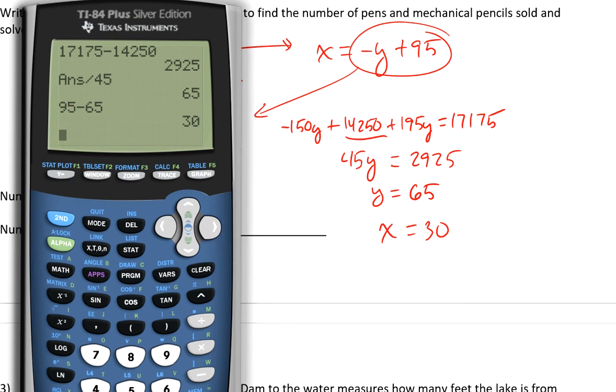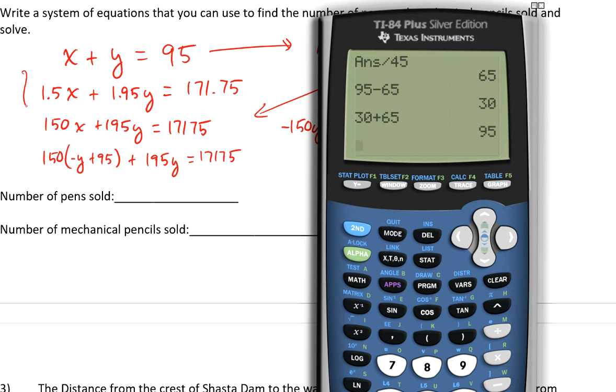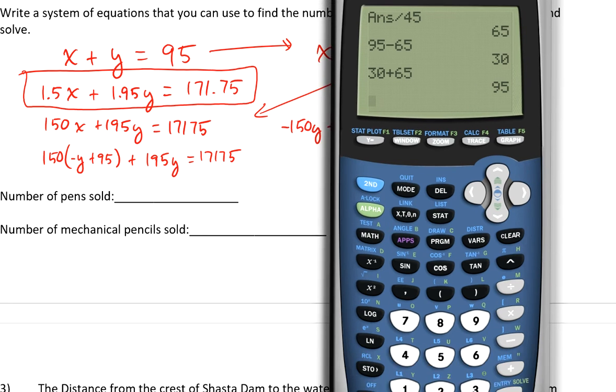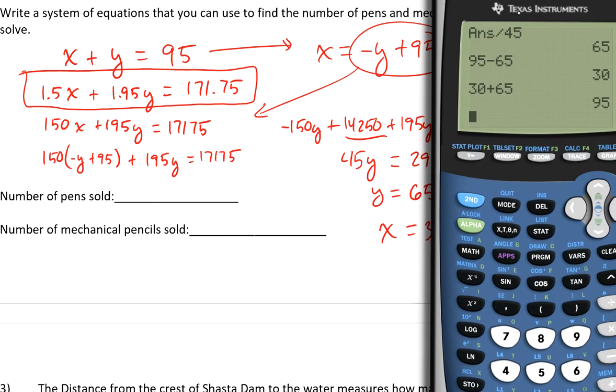So verifying that answer, this is goofy because I know they add up to 95, but 30 plus 65 is definitely 95. And the other thing that I need to check is that the cash works out. So I'm looking at this equation as I check it. x was 30.